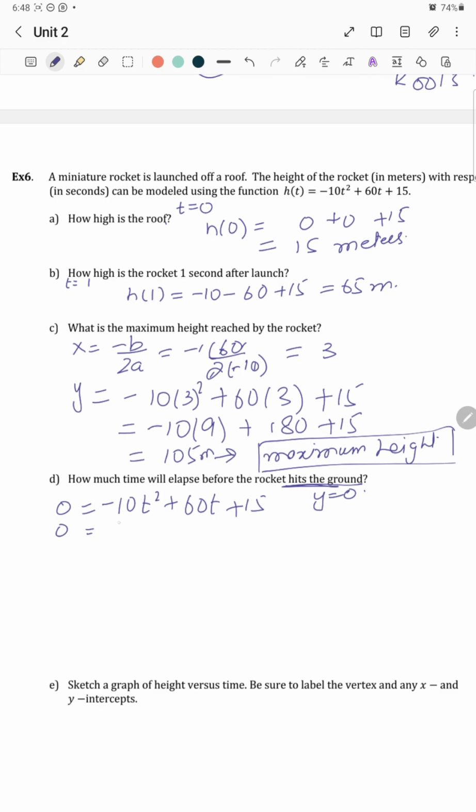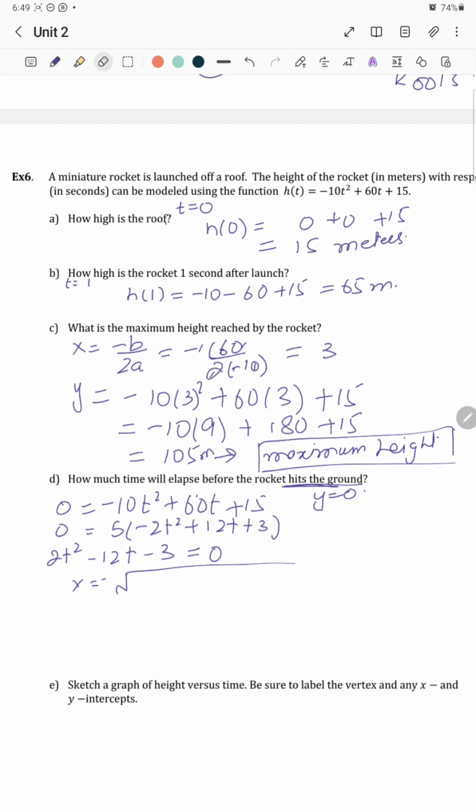Taking 5 common, -2t² plus 12t plus 3. Now solving by using the quadratic equation.